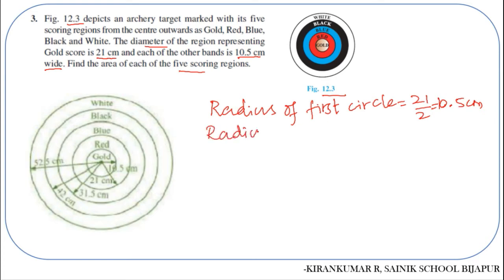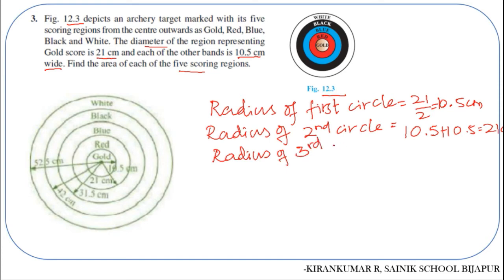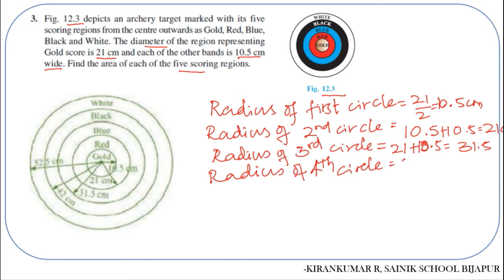Radius of second circle, we need to add 10.5 along with 10.5, because the width of this region is 10.5 centimeter, so the radius becomes 21, and the radius of the third region, third circle, which is blue, is 21 plus 10.5 is 31.5, and the radius of fourth circle, which is black, is 31.5 plus 10.5, we get 42.